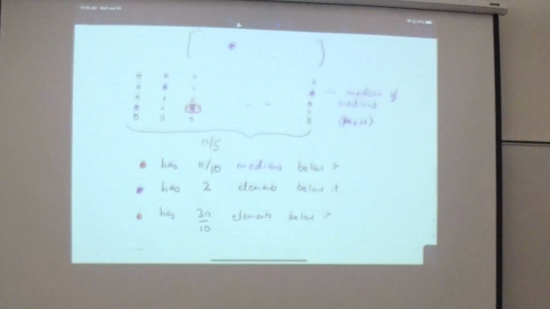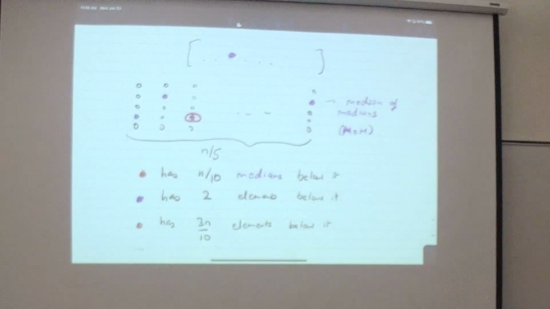Yeah. There are n over 5 groups. Each one is sending up a candidate representative to the legislature, and they're going to define a new median. So there are these n over 5 purple points. I take the median of the n over 5 purple points. Half of those purple points are below. Okay. Thank you.